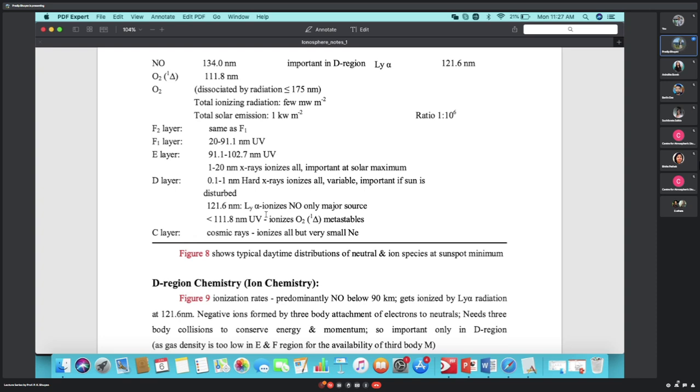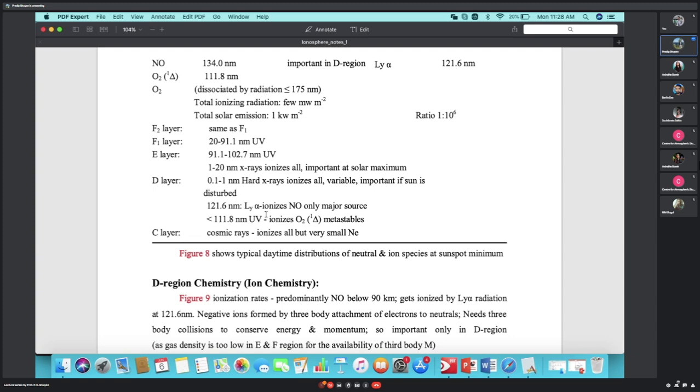That is also one factor why we get negative ions in the lower atmosphere and not in the upper atmosphere. In the upper ionosphere you have only H or He, so it can be only H plus or He plus. You do not have a negative ion there. But lower below, you can have negative ions.